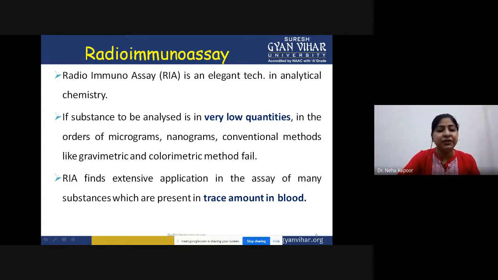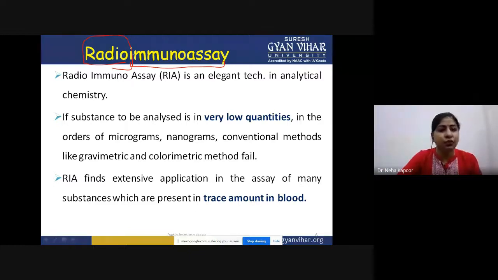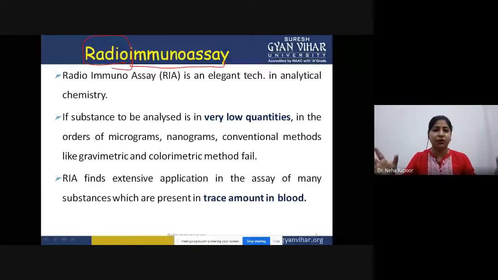Here the main point is immunoassay, we have understood this. Radio means there would be a radioactive label. That means there would be some radioactive molecule used in carrying out this reaction. This technique has found immense application for the detection of any kind of analyte that is present in a trace amount in our blood.